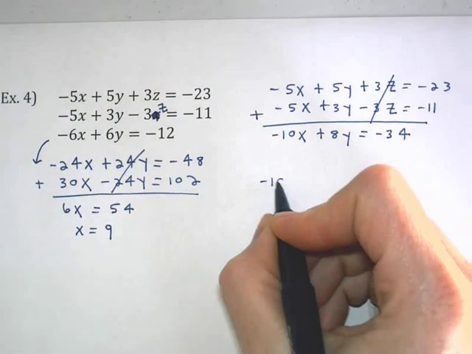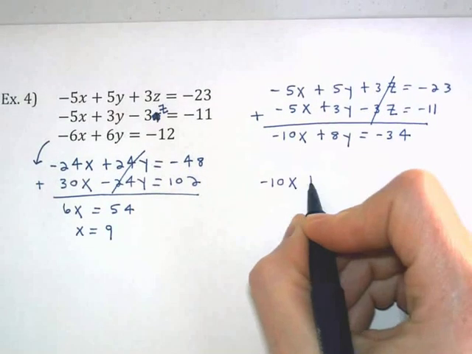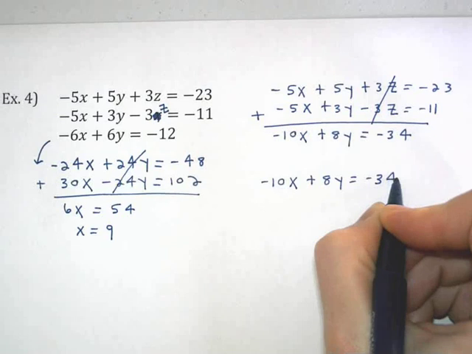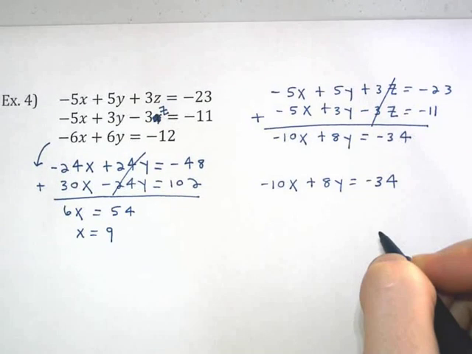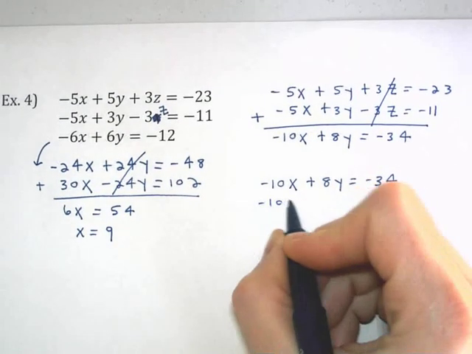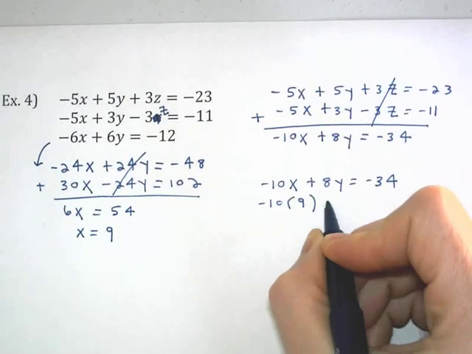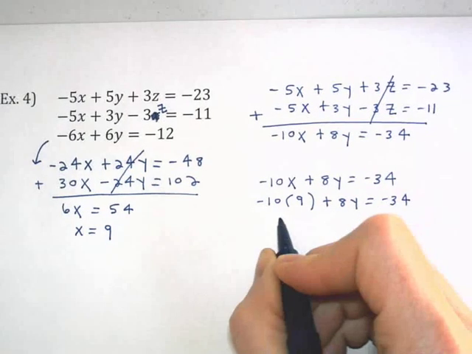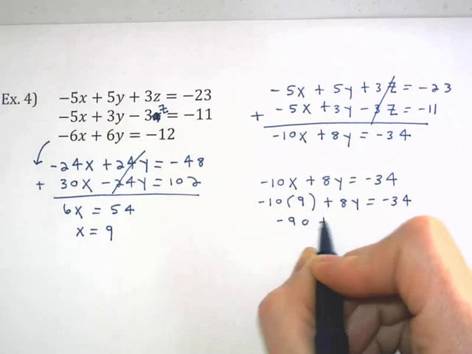Okay, so we're going to use this x equals 9, and we're going to use it to figure out what y is. So I'm going to use this equation here, but we could use any of the equations that just have the x and the y. So I'm putting in 9 right there.